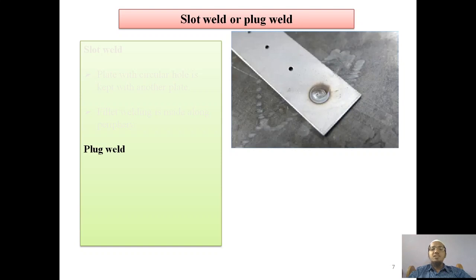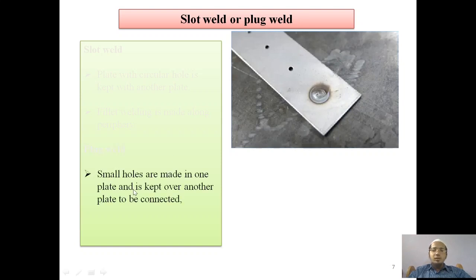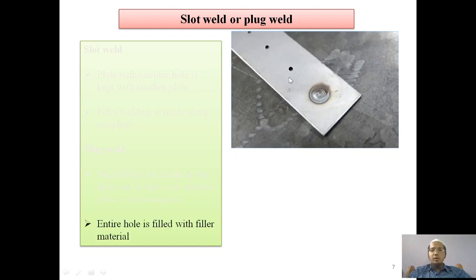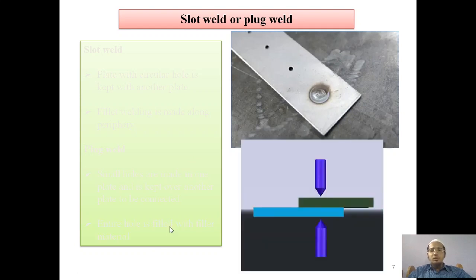In the case of plug weld, the small holes made in one plate which is kept over another plate are filled with the filler material and welded throughout the hole, and it is termed as plug weld. We can see here in this picture there are two plates, and suppose there are holes like this, which are filled by means of filler material and welded, which is termed as plug weld.